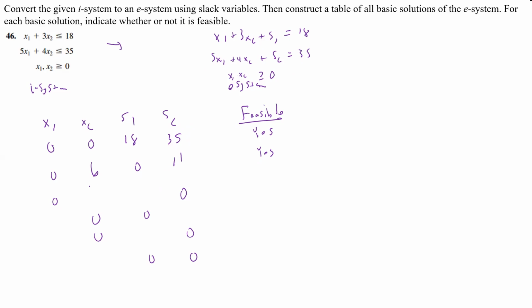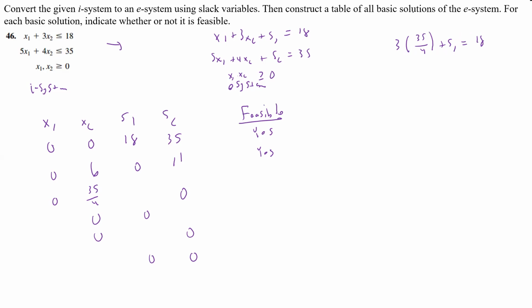So that's not such a nice one because now we plug that back up into here. And so now we have a 0. And now we have 3 times 35 over 4, plus our S1 equals 18. And so that's going to be 3 times that, and we subtract that.